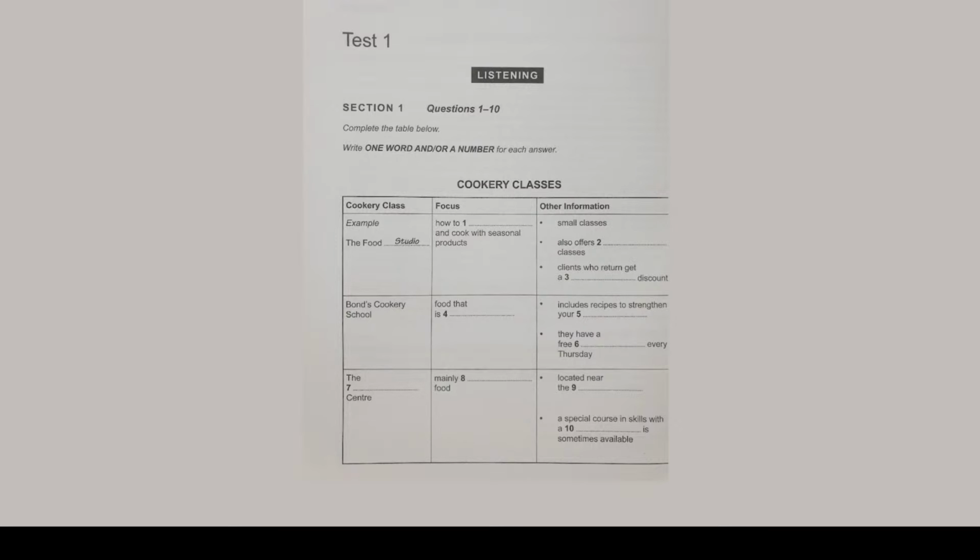First, you have some time to look at questions 1 to 6. You will see that there is an example that has been done for you.